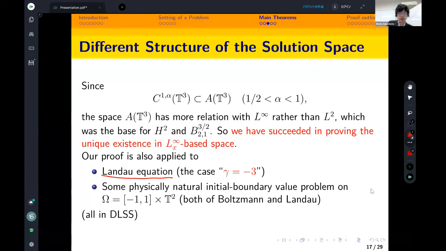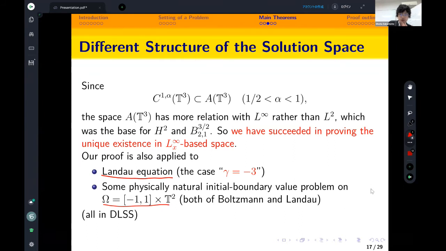And not only the torus case, but also the initial boundary value problem on this space can be also considered with the same, well, a little bit more complex, but in the same spirit.